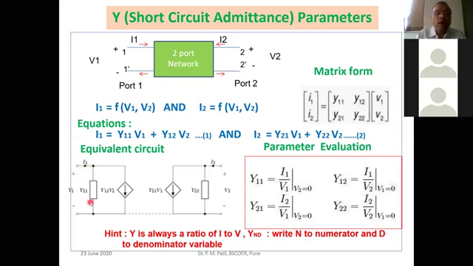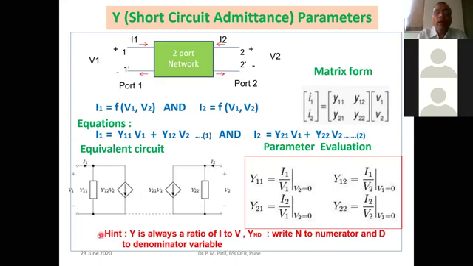Here Y12 into V2 is now a dependent current source, a voltage dependent current source. In Z parameters, it was a current dependent voltage source, as there were polarities there. So now you can express it as I1 is equal to Y11 V1 plus Y12 V2.